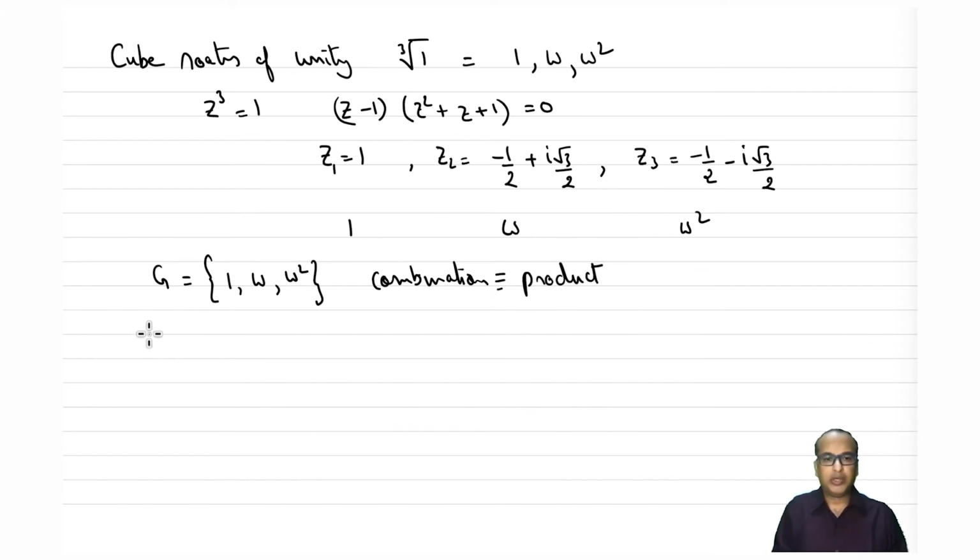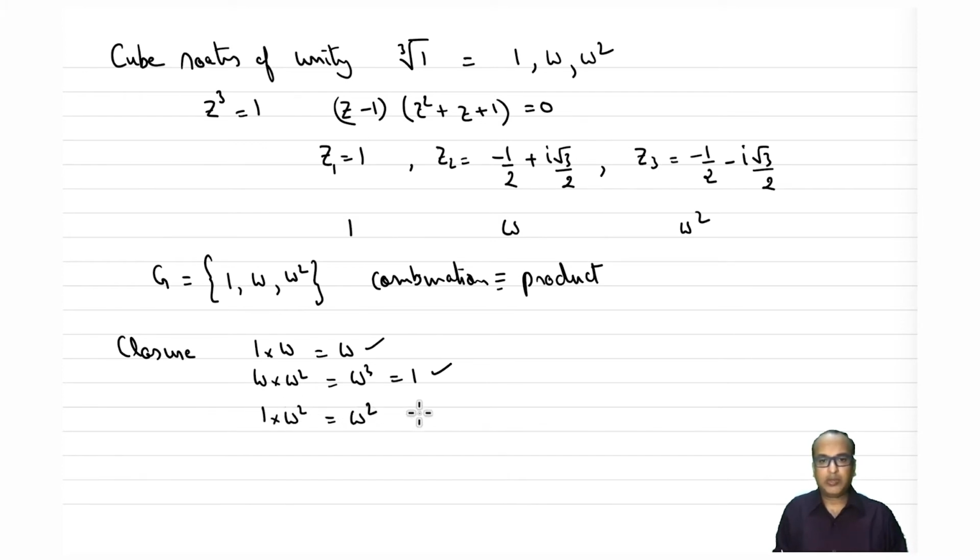For closure, the product of every element must be an element from the group, right? So 1 into omega is equal to omega, omega into omega square is equal to omega cube, which is equal to 1. So this is part of the group, this is part of the group, and the third product is 1 into omega square, which is omega square. This is also part of the group, so the closure property holds, right?